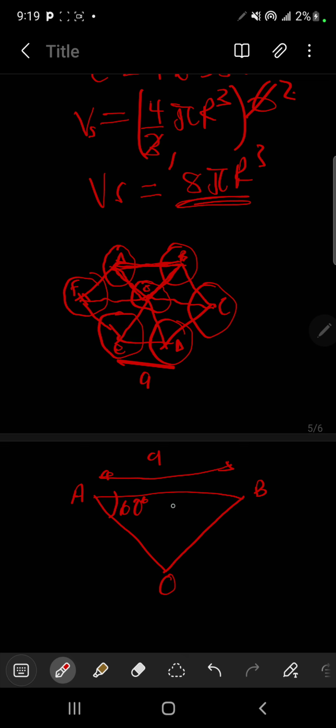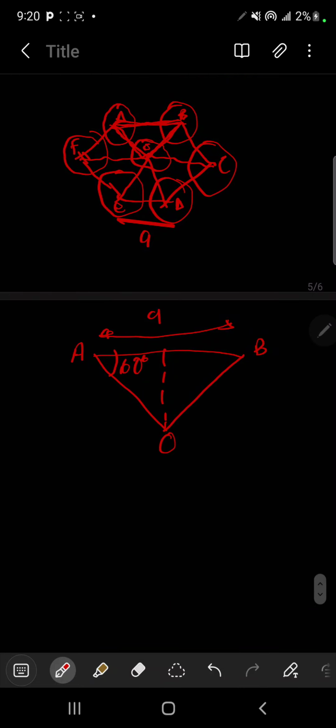So maybe let's take out a section here. So we just want to determine the area of this triangle, AOB. So maybe you can use the ideas you have from vectors and how to determine area of the triangle using the vector method.